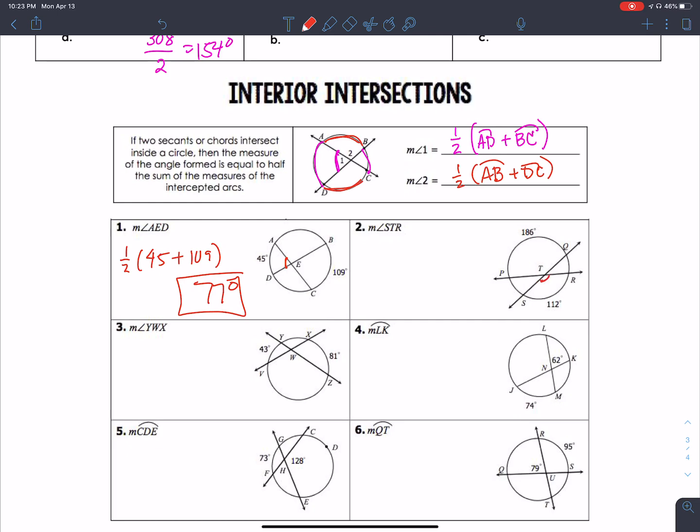I want half arc plus arc. So that's 149.